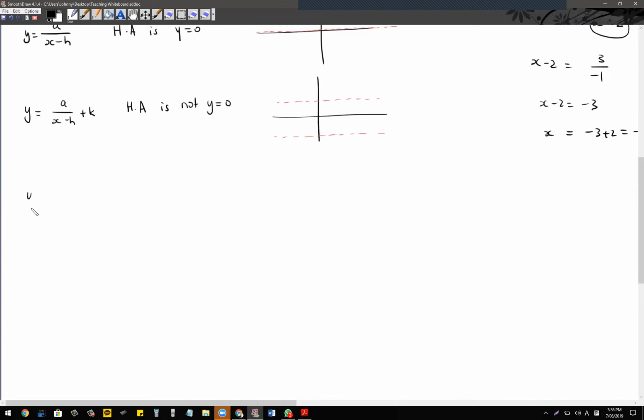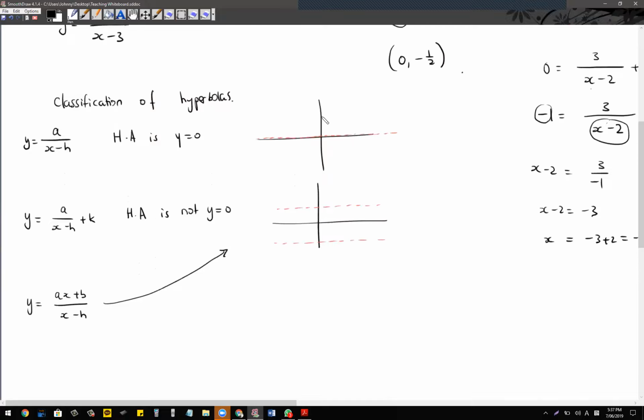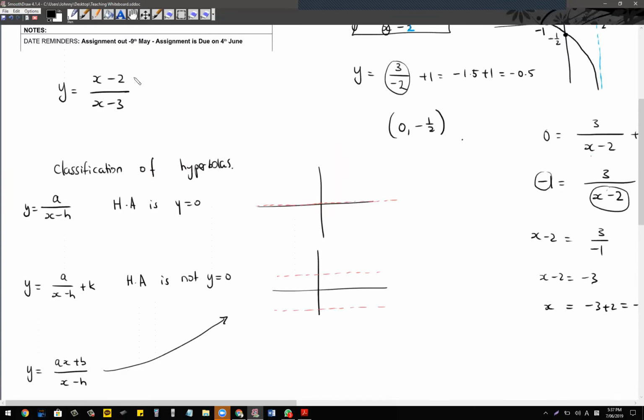Then you have another kind, where the numerator is another linear function, like ax plus b over x minus h. This is also that type, and I'll show you the reason why. You have to be a little bit clever.